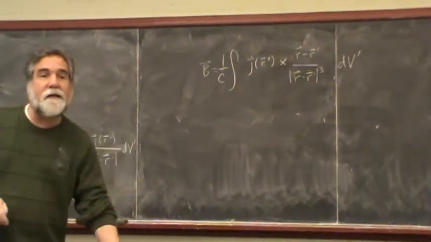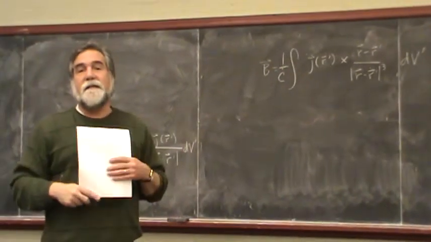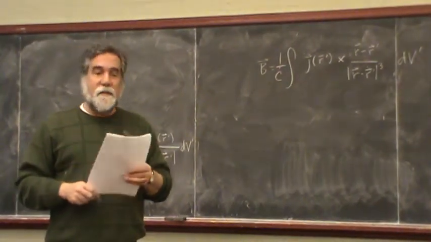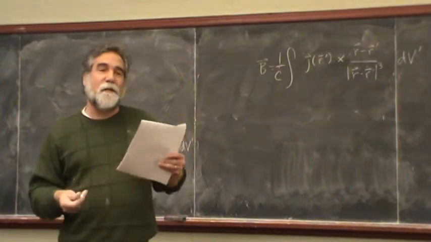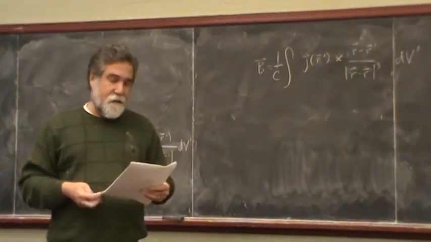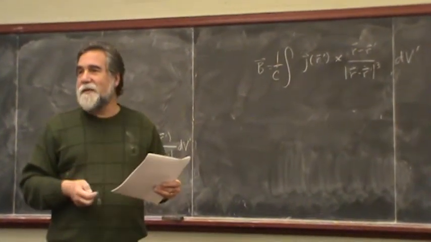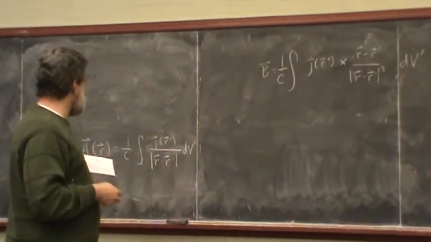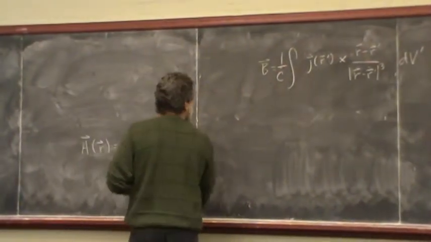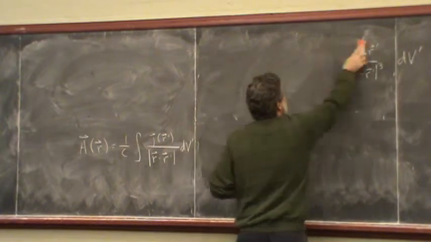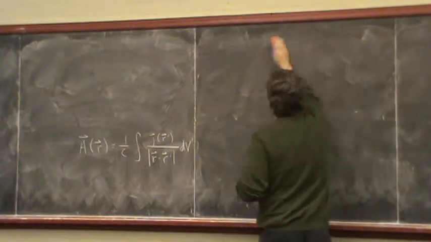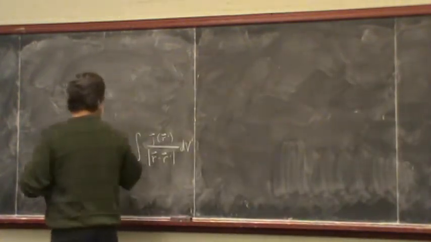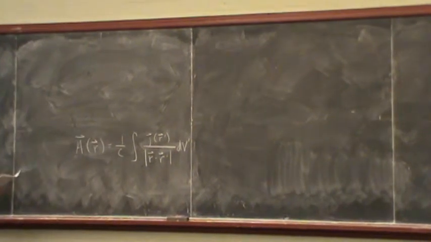So let me do an example that has a problem in it, actually. There's something problematic about it. Of course, using the vector potential. So we'll set this aside later when we need it, but we'll use the vector potential approach now.